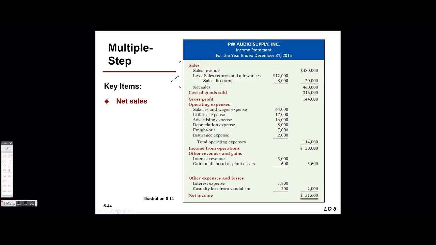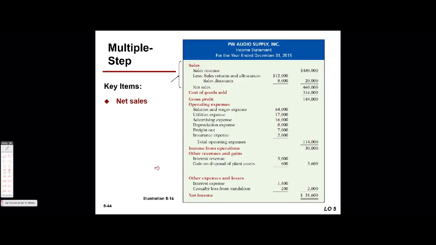We also may, there are a few examples in the book where we have other revenues and gains, or other expenses and losses. This is a way to separate non-operational transactions and expenses and revenues from operational revenues and expenses.